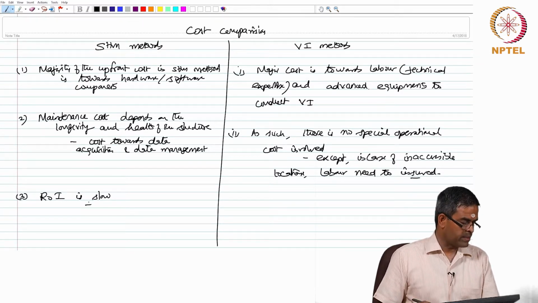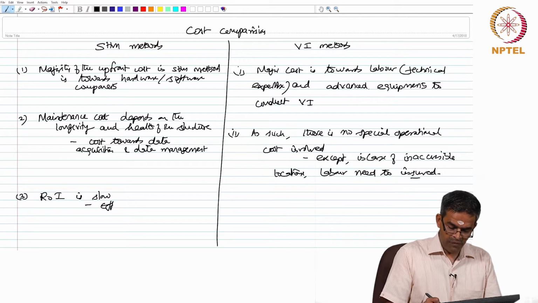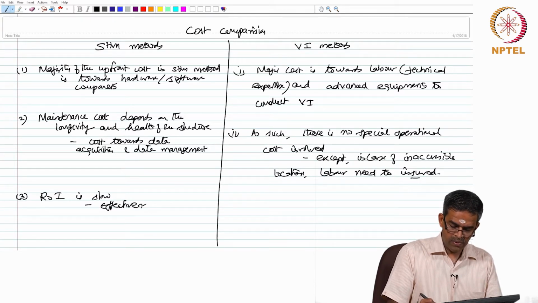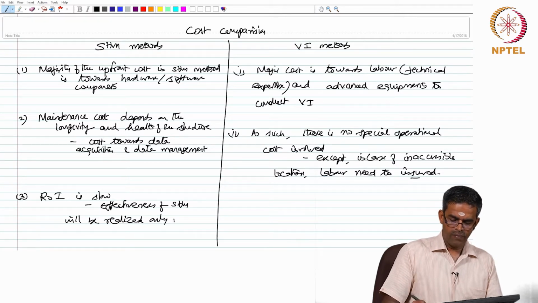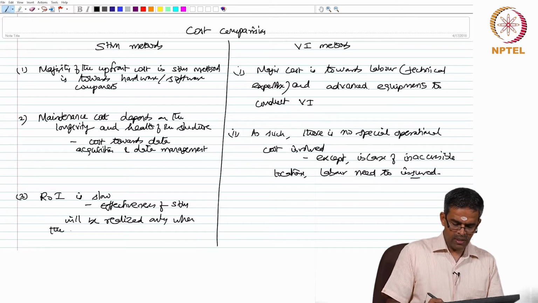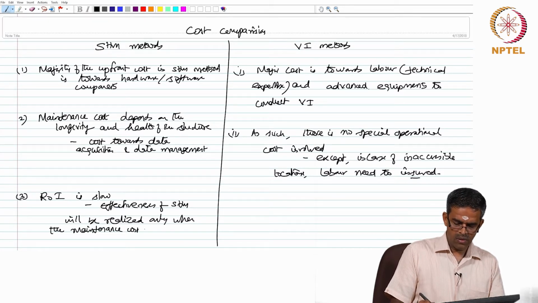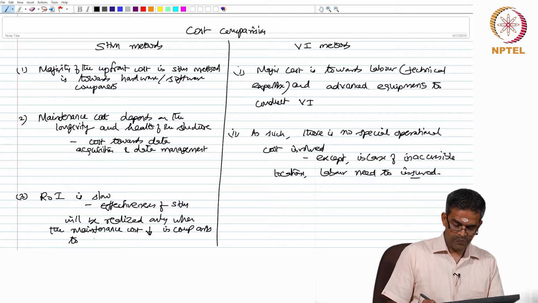This is due to the fact that the effectiveness of SHM will be realized only when the maintenance cost goes down in comparison to rebuilding cost.